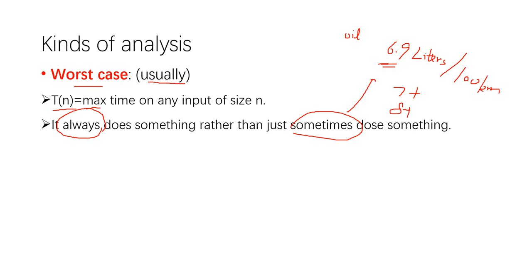So salesmen always trick you like that. The advertisement will show you the good case. That's not a good idea in software engineering. In programming, we should provide a guarantee of the situation that always holds, not just sometimes.